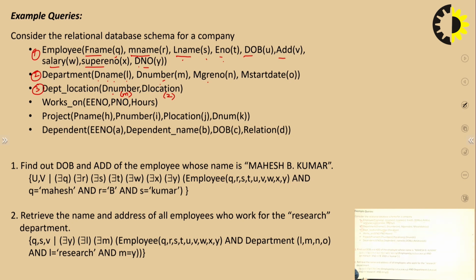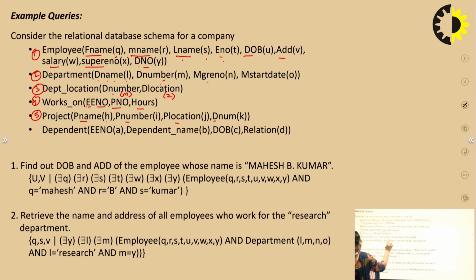Now the fourth table is works on, that is which project the employee works on. In it we have employee number, project number, and the hours he has worked. Next is the project table, with project name, project number, project location and D num, that is department number.